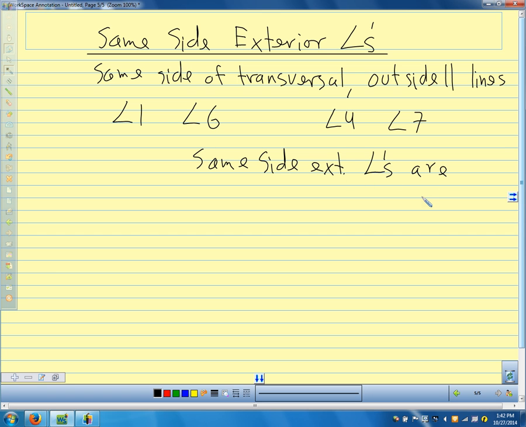And looking at those, one's acute, one's obtuse. So what are you going to guess is true about them? They add up to 180, so they are supplementary. So the measure of angle 1 plus the measure of angle 6 equals 180.